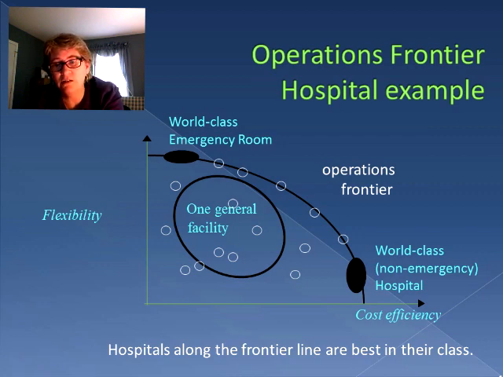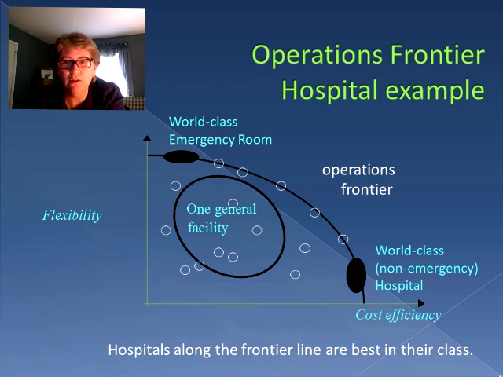On the other end, if they're very, very cost effective, we could have a world-class non-emergency hospital. This hospital knows in general what kinds of patients are going to come into this hospital, and so they can plan on it. They don't have to be very flexible because they know the general classifications of the kinds of injuries or illnesses that will come to that hospital.